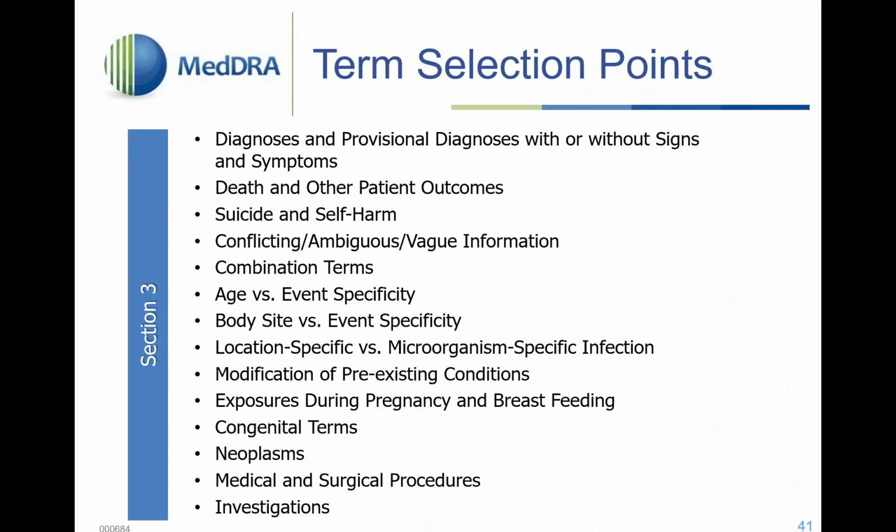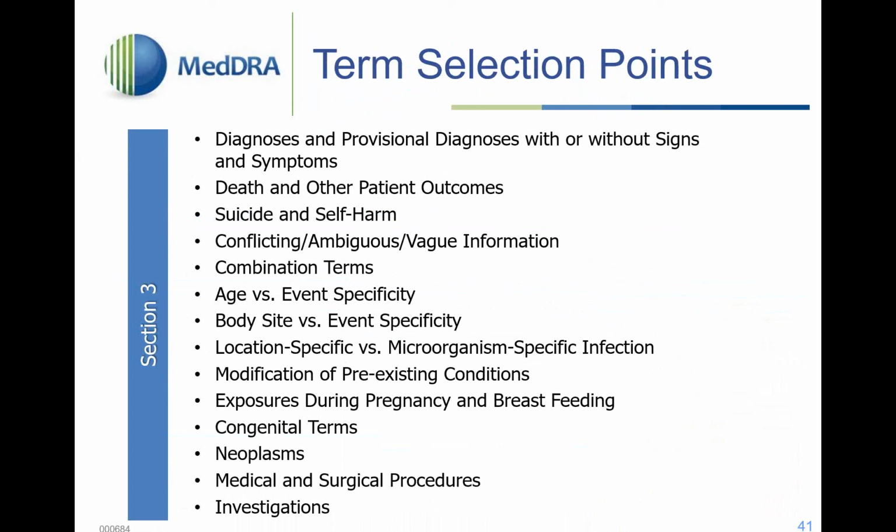The points to consider document really is a large document. It covers so many different topics that we won't be able to go through today. Some of these topics are covered in more detail in our other webinars that deal with advanced coding, so if you are interested in that, please sign up for future webinars. Just to give you an idea of what the term selection PTC document covers, we have a death section and a combination section.